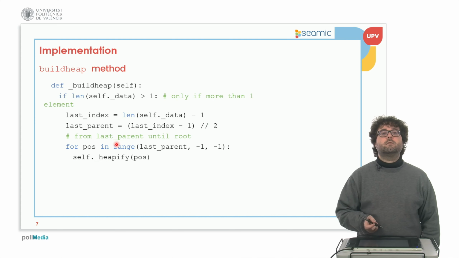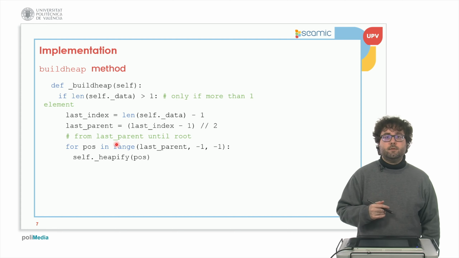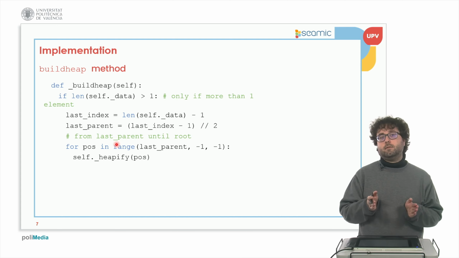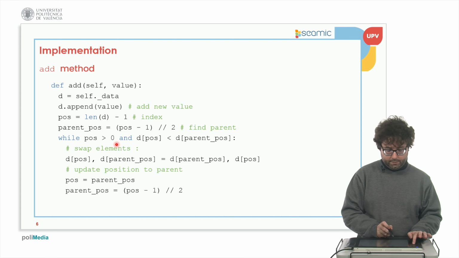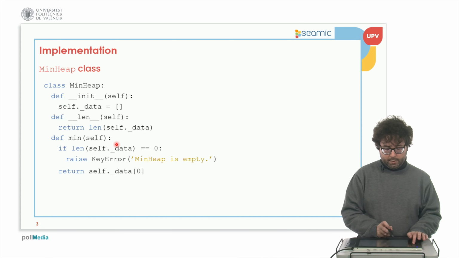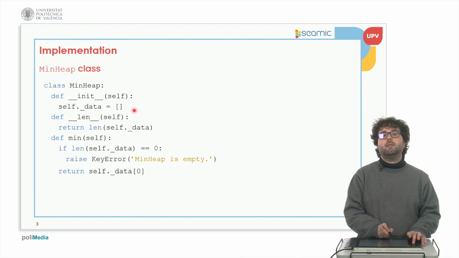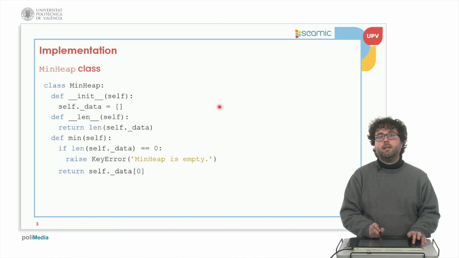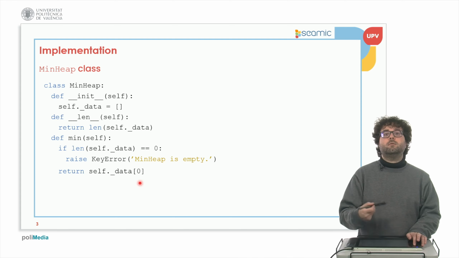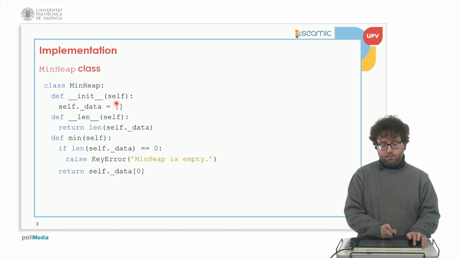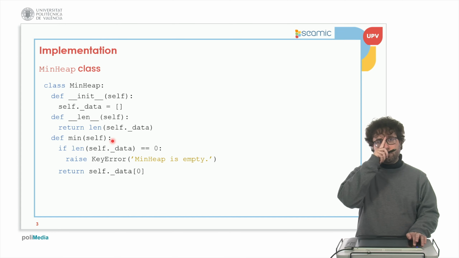The next method is for building a heap. Remember that we are building a heap from a list. So in this case, what we are assuming is that, let me go back, our self data, instead of being initialized as empty, will be initialized with the list we want to transform into a heap. So calling build heap means altering the data to maintain the heap property.